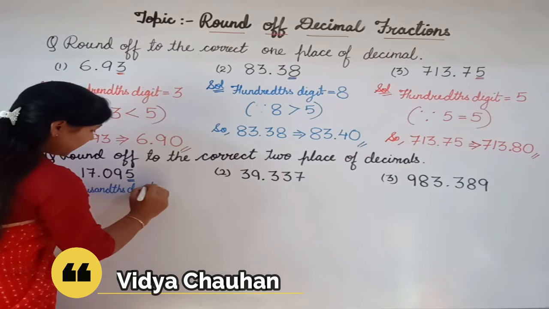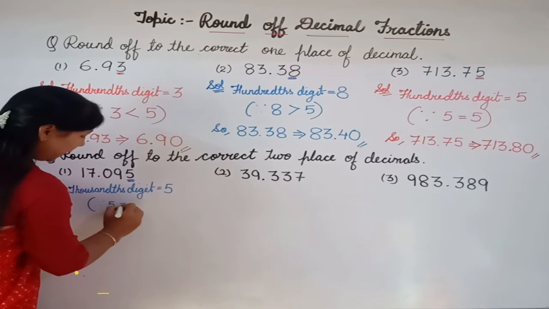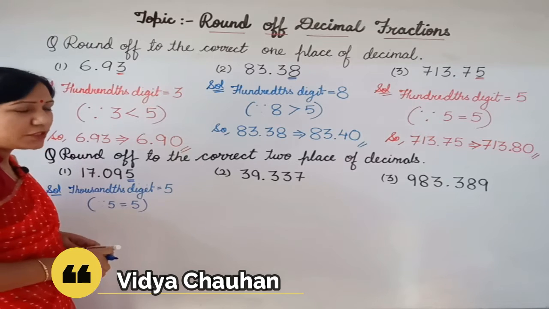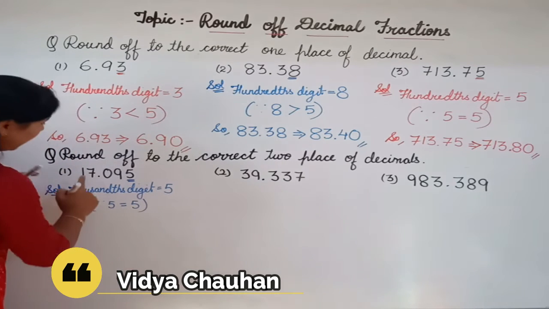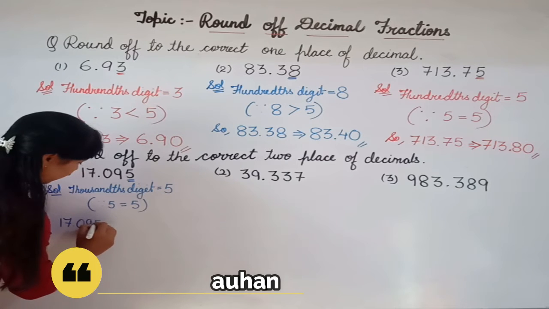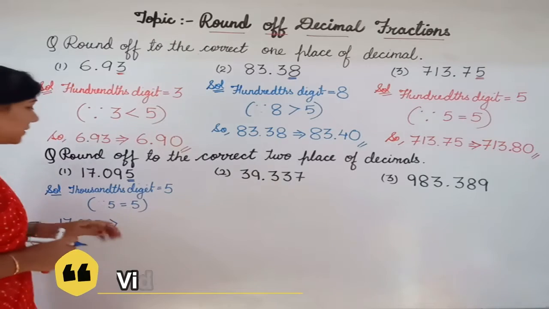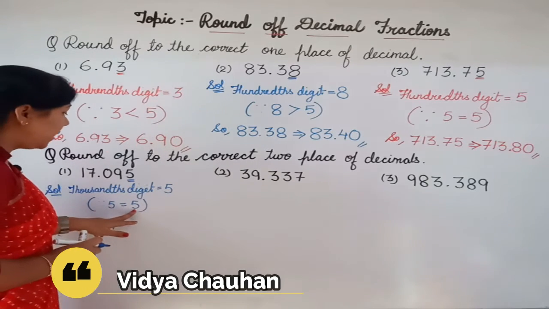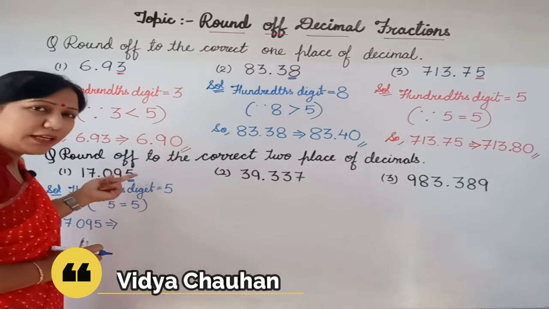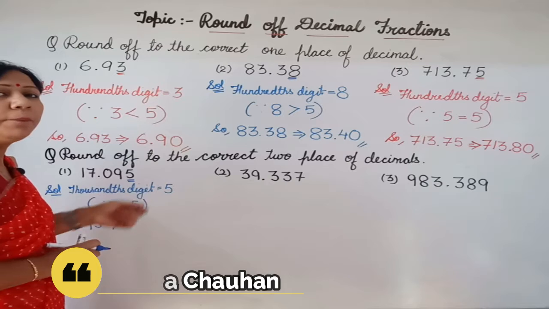The thousandths digit is 5, and since 5 is equal to 5, the digit at the hundredths place will increase by 1 and the following digit, this 5, will become 0.